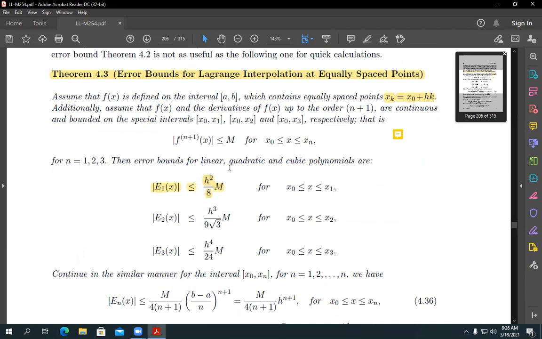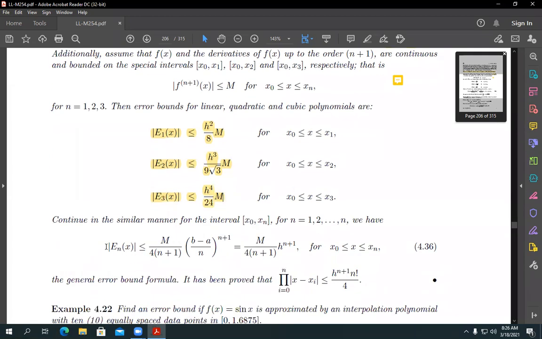This is the error bound formula for degree 1, only for equally spaced. This is the formula of the error bound for the quadratic Lagrange, equally spaced, and this is the formula for degree 3. Generally in the exam, degree 3 or 2 is given, and this is the generalized formula for that case.